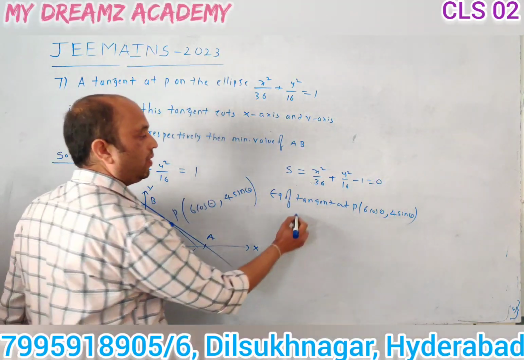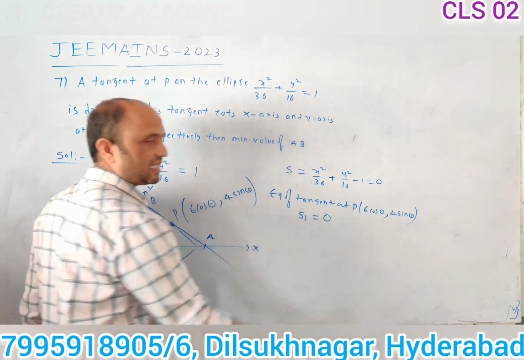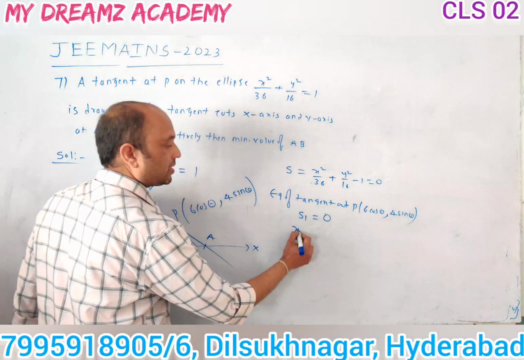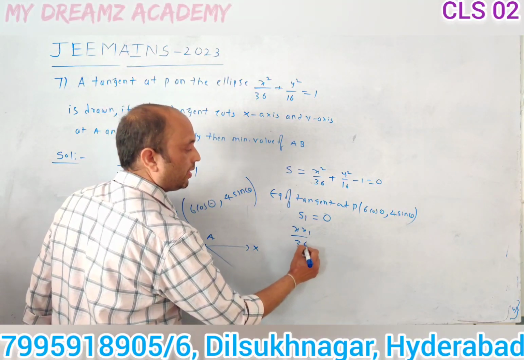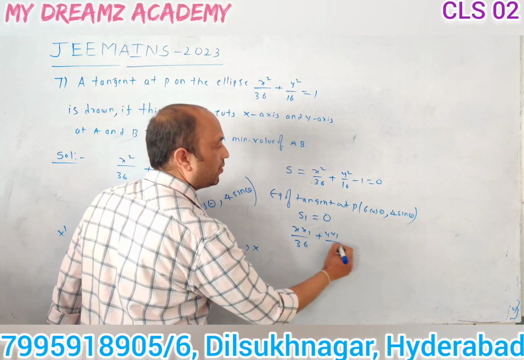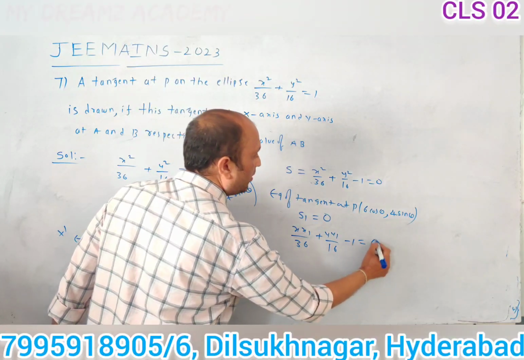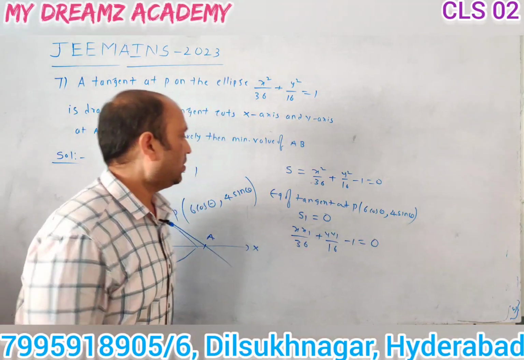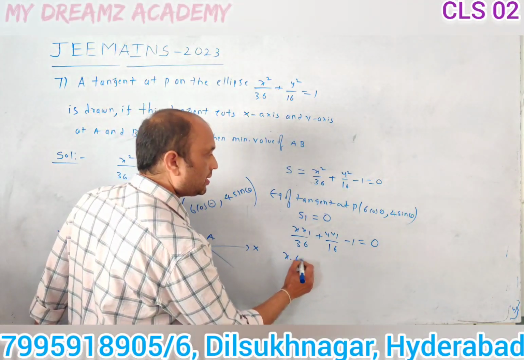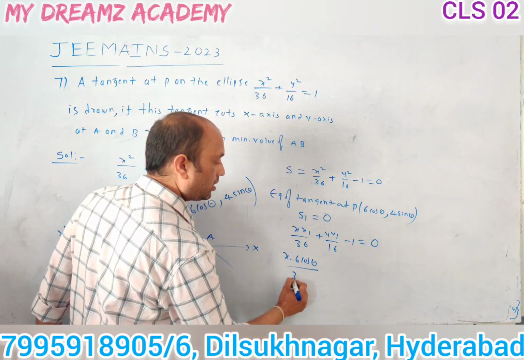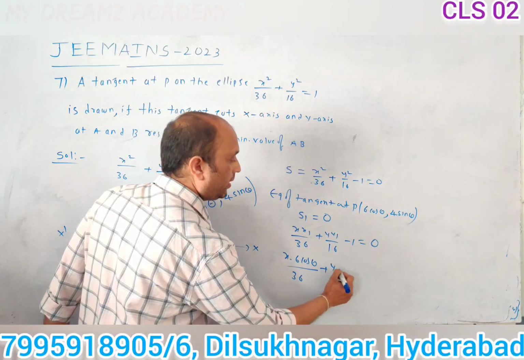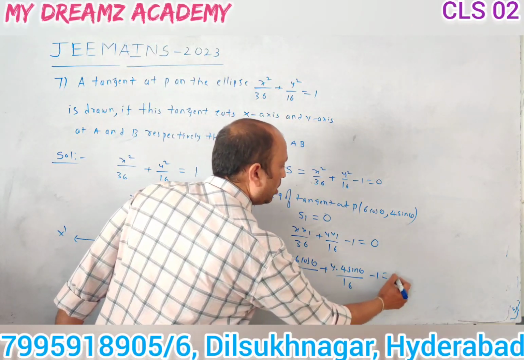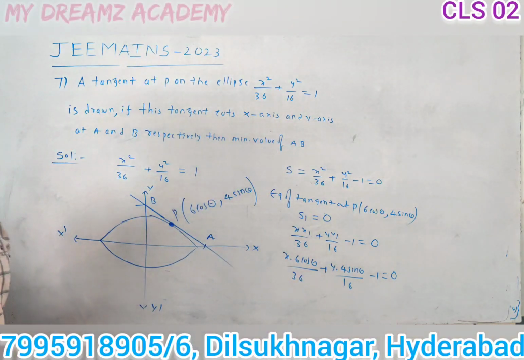Here we already know that the equation of the tangent is S1 equal to 0: x x1 by 36 plus y y1 by 16 minus 1 equal to 0. With x1, y1 as 6 cos theta, 4 sin theta, this becomes x into 6 cos theta by 36 plus y into 4 sin theta by 16 minus 1 equal to 0.